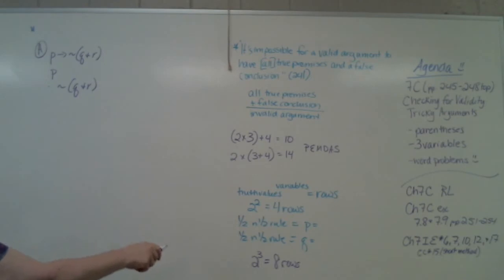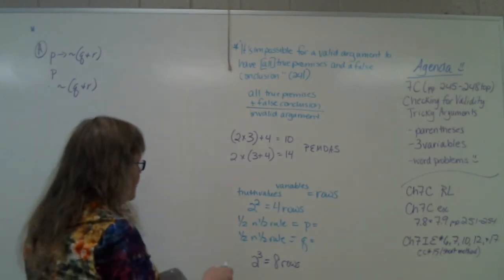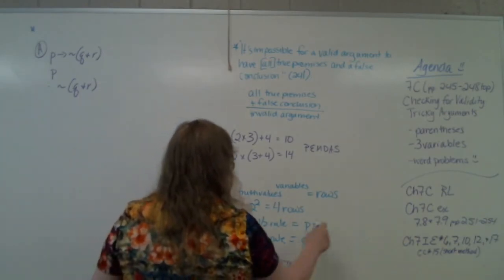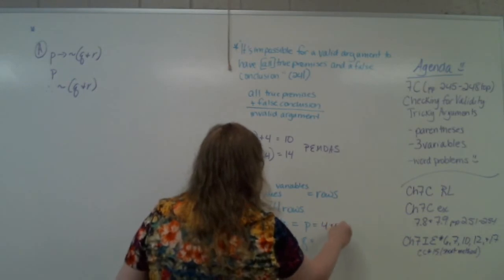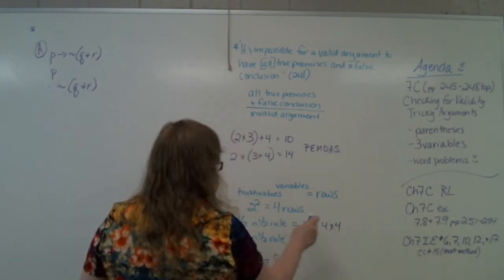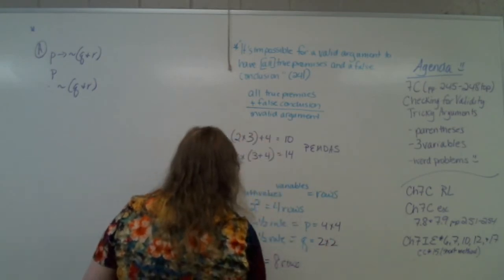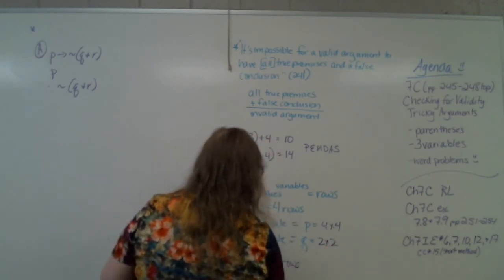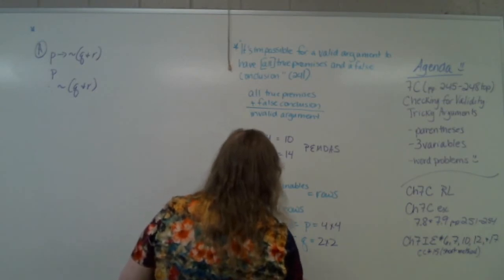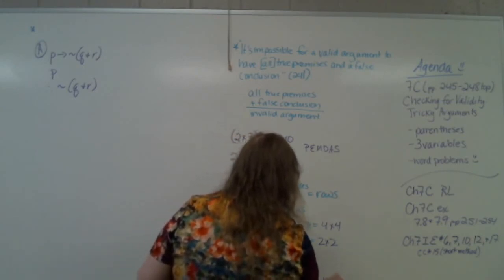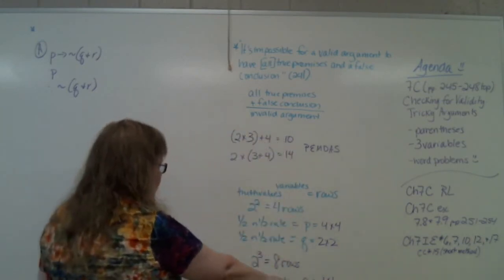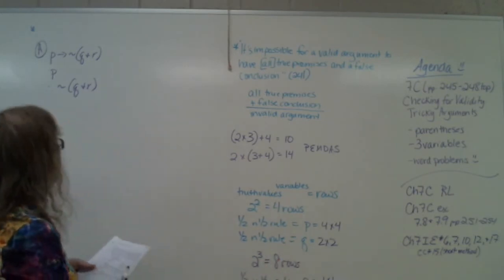Okay, our half and half rule also breaks down a little bit. Okay, half of 8 is 4 by 4. Half of 4 is 2 by 2. And then the half and half rule for R equals 1 by 1. Okay, remember our last variable is always our 1 by 1.